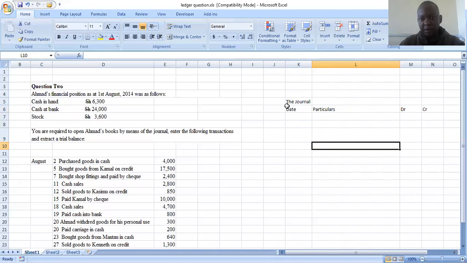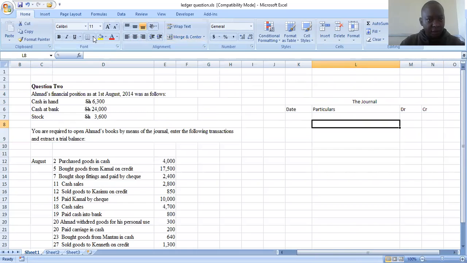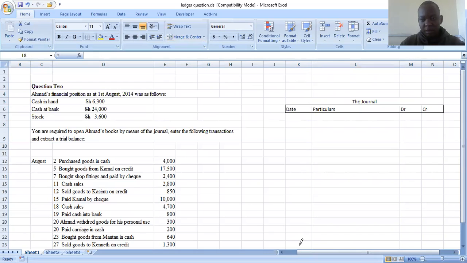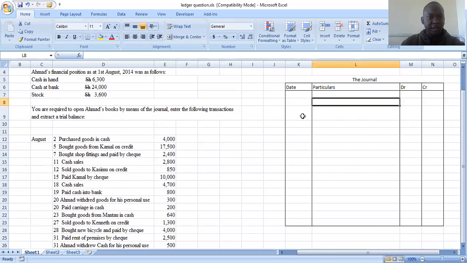So this is our journal. So we draw the columns, and we begin our journal, the date.